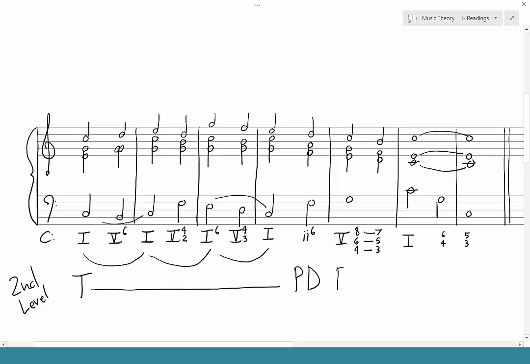And then the dominant category comes in. It's a little bit stretched. It's expanded through a cadential 6/4, which is very common. And then it resolves to tonic, which itself gets a little bit of an expansion because there is an arpeggiating 6/4.